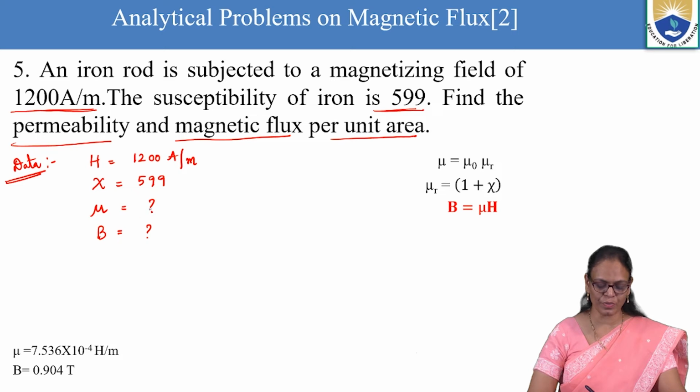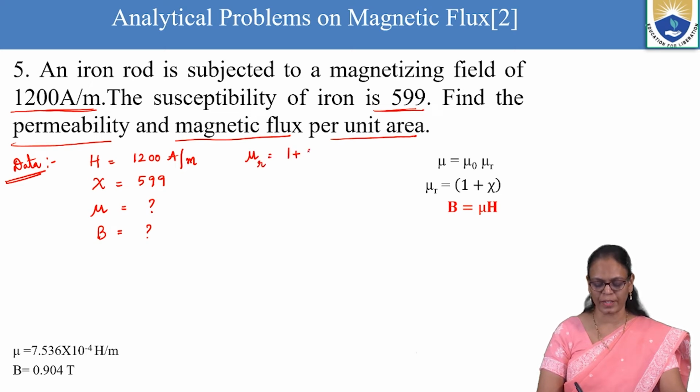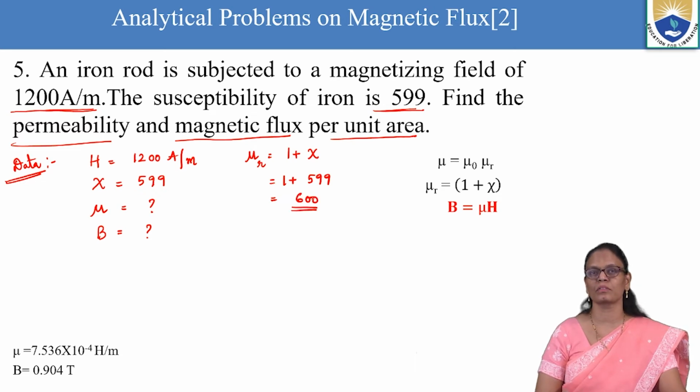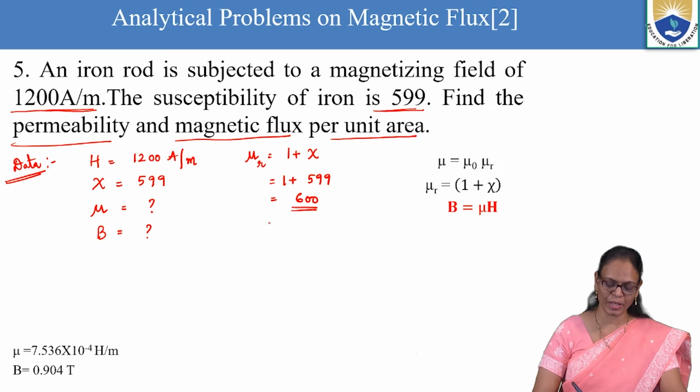So to get mu, we need to know the value of mu r. So mu r is equal to 1 plus chi. So 1 plus 599, so this is 600 for mu r. To get the permeability, mu is equal to mu naught into mu r. And what is mu naught?